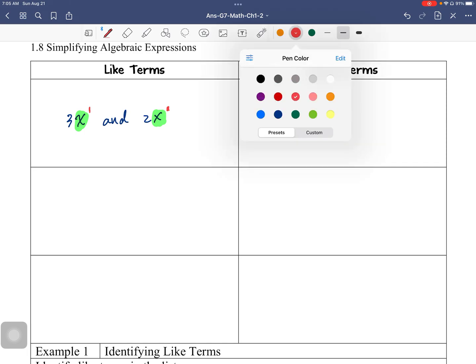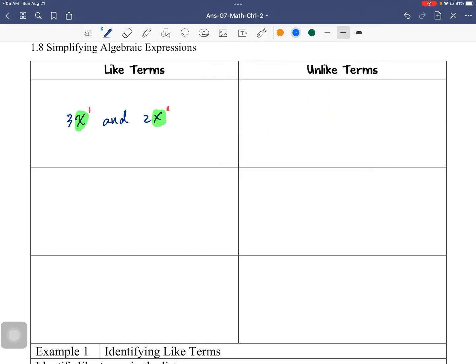Then w and w divided by 7; again the same variable raised to the same power. And again, I have like terms 5 and 1.8.